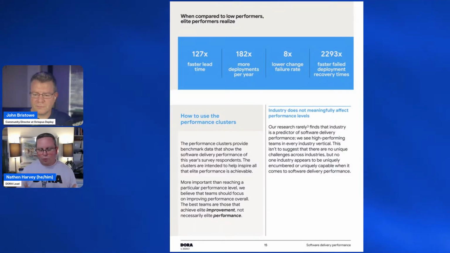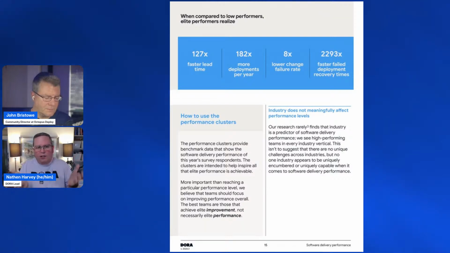Each year we let the data drive how many clusters there will be, how many performance levels there will be, and how those will be described. This year we had 4 clusters, and so we label them low, medium, high, and elite.